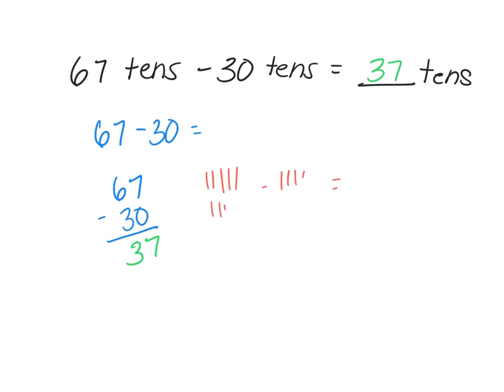That would leave me with 37 10 sticks, okay? So even though it's not asking you for the entire large number, it's asking if you had all these 10 sticks and you took away 30 of those 10 sticks, how many 10 sticks would you have left, okay? So it would take you a long time to draw all of this out, so that's why we can use an equation instead to help us solve these answers.